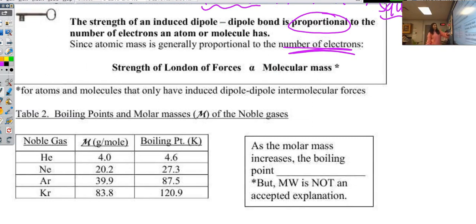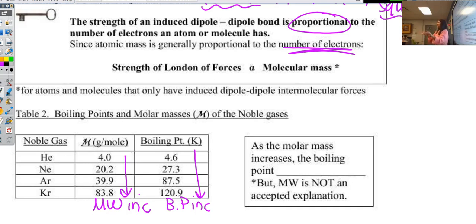So we take a look here at the noble gases, for example, and we can see that the molecular weights are 4, 20, 30, 40, and then 84. What happens to the boiling points as the molecular weight increases? As you go down, the molecular weight is increasing, and what's happening to the boiling point? The boiling point is also increasing. Boiling point is a really nice way to figure out how strong the IMFs are, because you just heat them up, right?